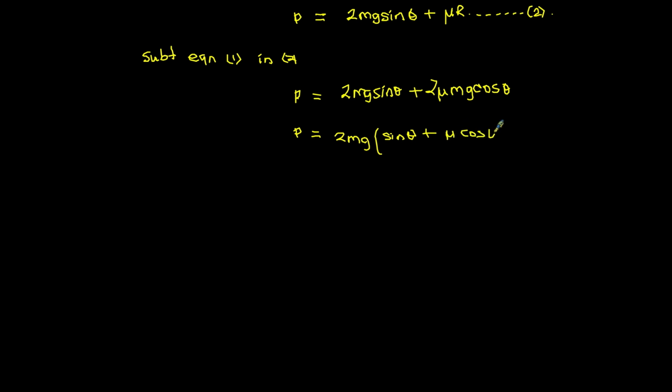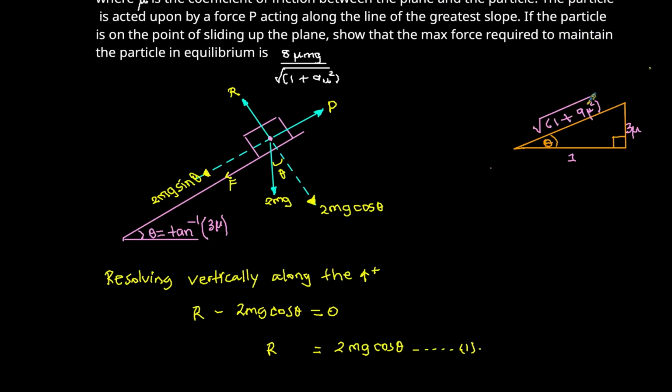When you look at our question here, we have been given theta equals tan inverse of 3 mu, and from this triangle we have tan theta equals 3 mu over 1.